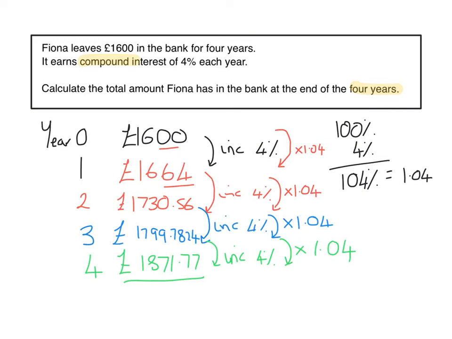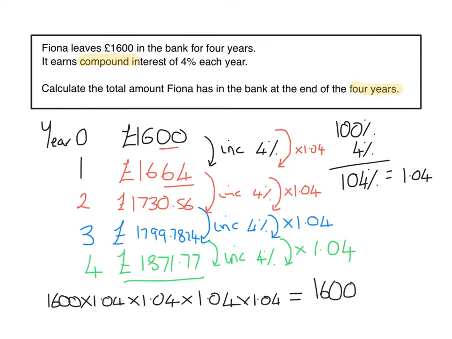So I've done the original amount, which is 1,600, times 1.04, which was this one, times 1.04 again, here, times 1.04 again, and times 1.04 again, which was these two. I can put that in a far simpler way. I can actually just say that's the same as 1,600 times 1.04 to the power of 1, 2, 3, 4.